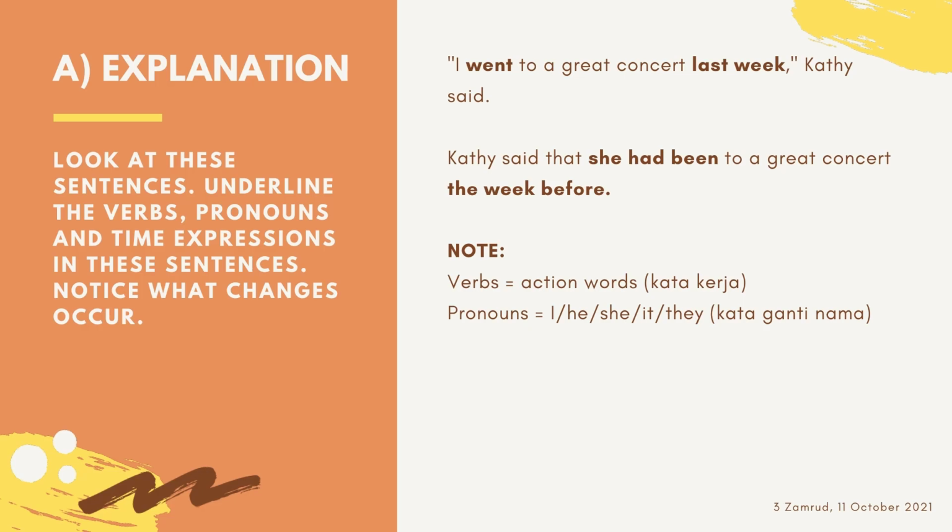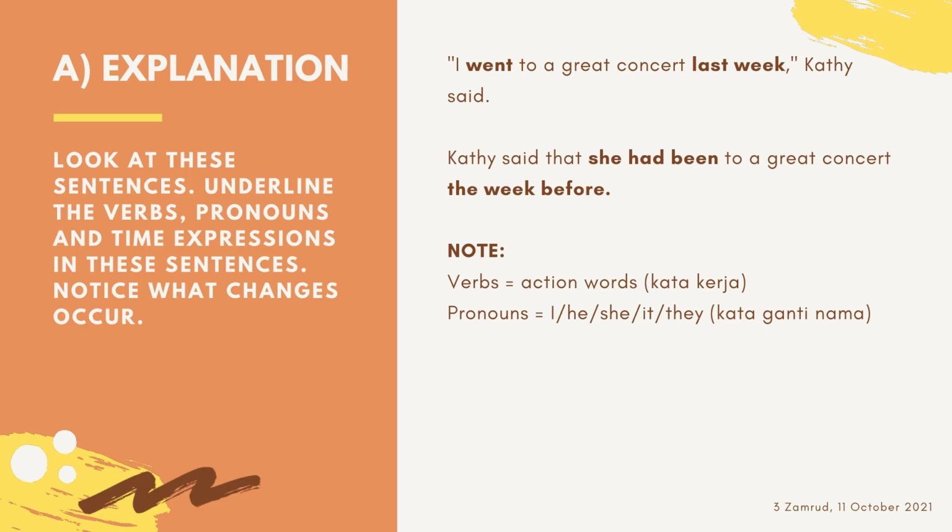Pronouns are words that refer to a person. Any words that refer to a person. Examples that I have given to you here are I, he, she, it, or they. All these words refer to people, either individuals or as a group. These are called kata ganti nama in BM.